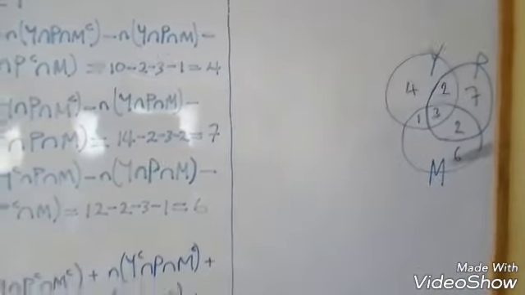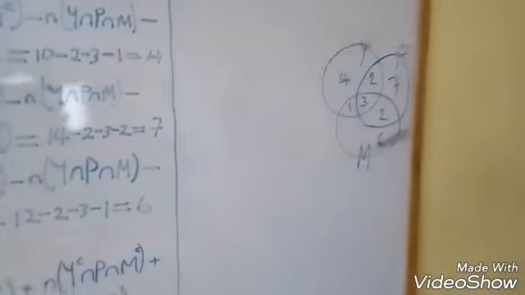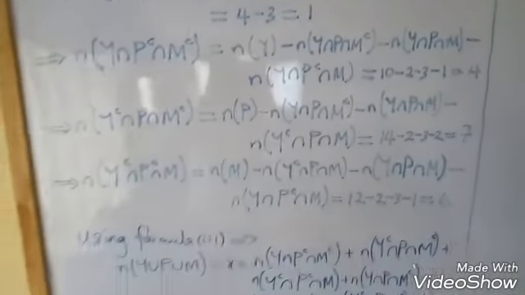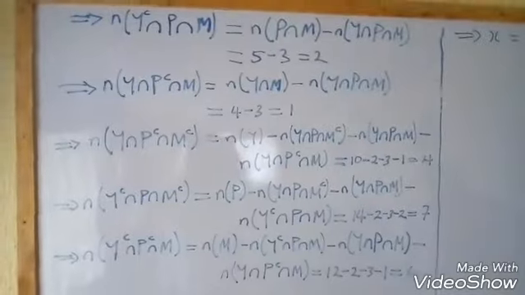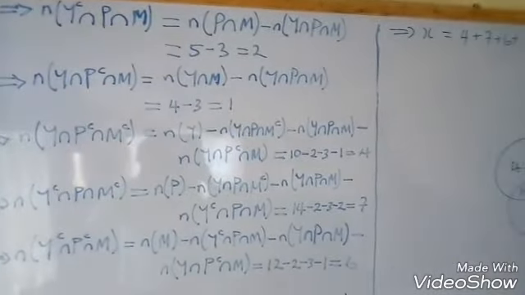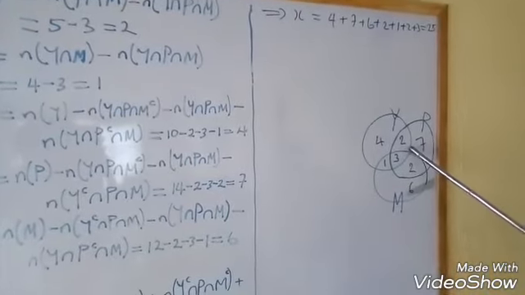Now the question says, how many women are in the group? We were told earlier that a group of market women sell at least yam, plantain, and maize.